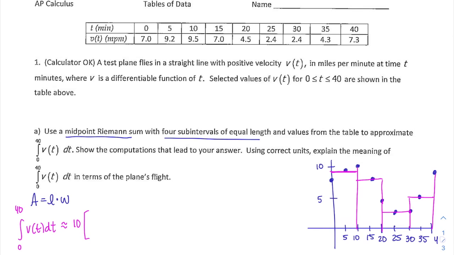And then I'm going to take my individual heights. Now my individual heights are the values in my table for velocity at the 5s. So 5, 15, 25, and 35 are my middle values. So I'm going to use 9.2 plus 7.0 plus 2.4 plus 4.3. And we get approximately 229 miles.